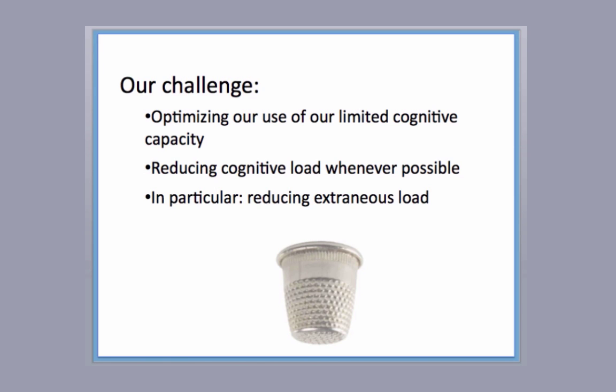Our challenge as students, and especially as teachers and designers of learning materials and activities, especially texts, right? The challenge of optimizing our use of our very limited cognitive capacity. The challenge of reducing cognitive load whenever possible, and in particular of reducing extraneous load, the type of load that's caused by design or presentation choices that could be different and that can be improved.